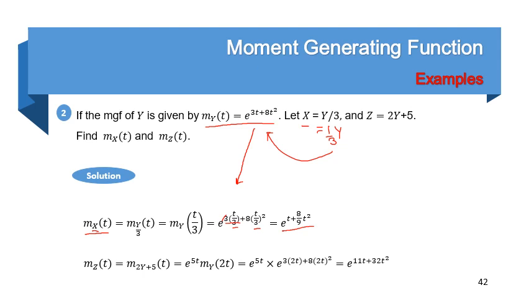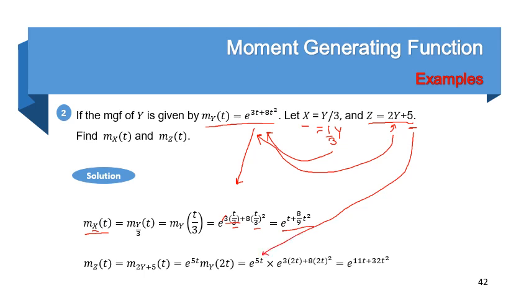But for the second one, if we need the MGF for z, where we did two things, I multiplied the y by 2, so this 2 will appear multiplied by each t in the original equation here, and plus 5 as you see here for each 2y. So this one will appear separately as a multiplication outside the original function you have.